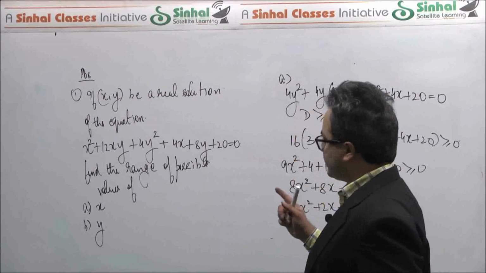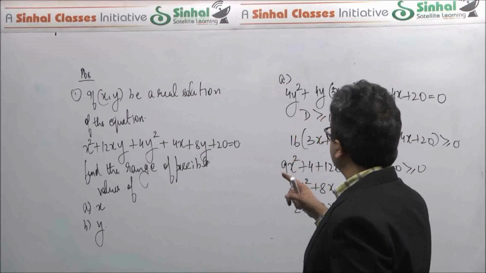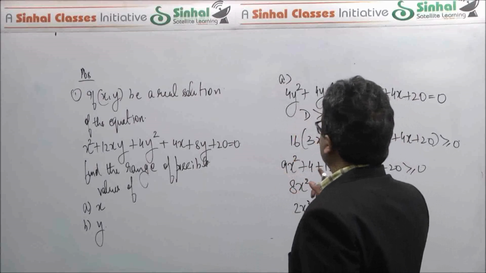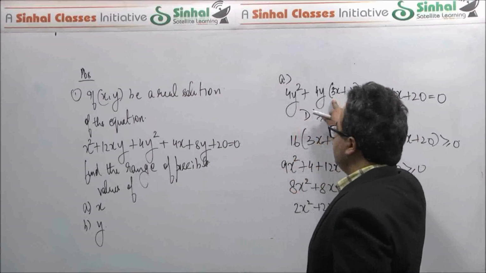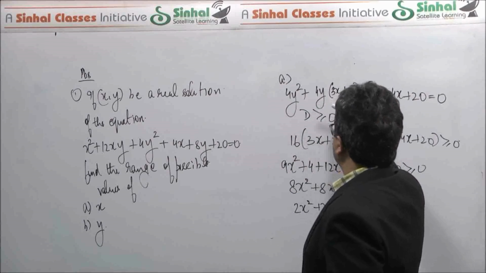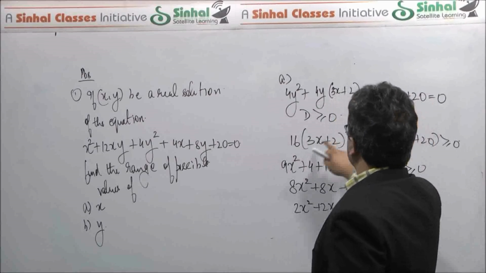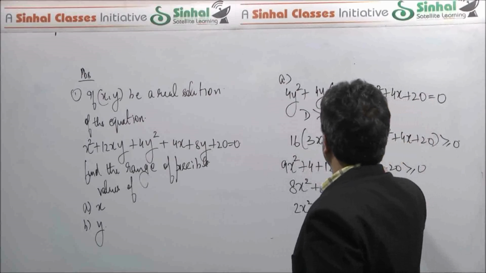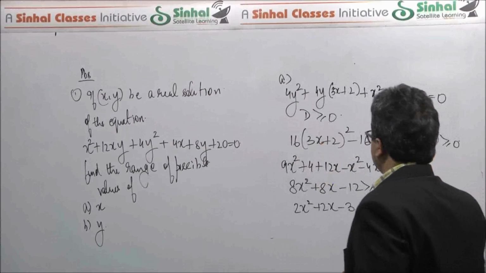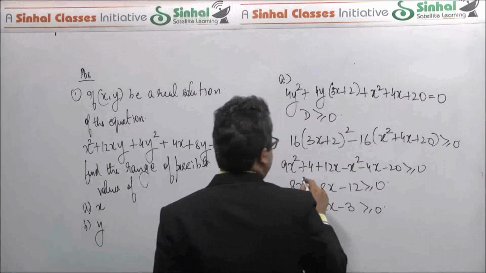x square plus 12xy plus 4y square plus 4x plus 8y plus 20 equal to 0. So 4y square plus 4y into 3x, that'll give me a 12xy, plus 2, so that'll give me an 8y, plus x square plus 4x plus 20. So 16 into (3x plus 4) square minus 16 into (x square plus 4x plus 20). So that gives us 16 into (9x square plus 4...).